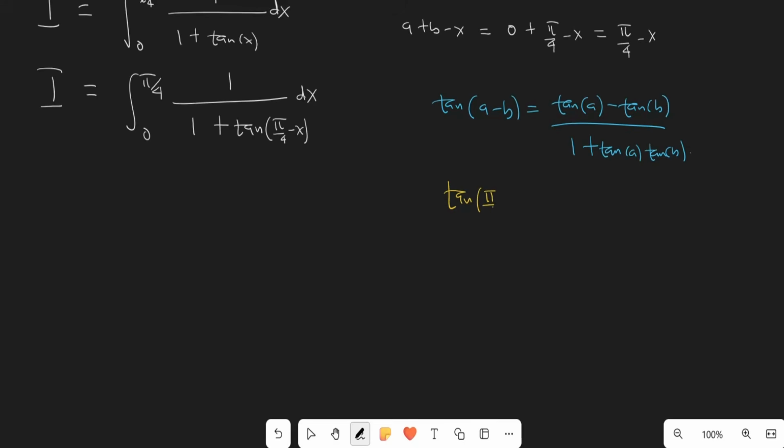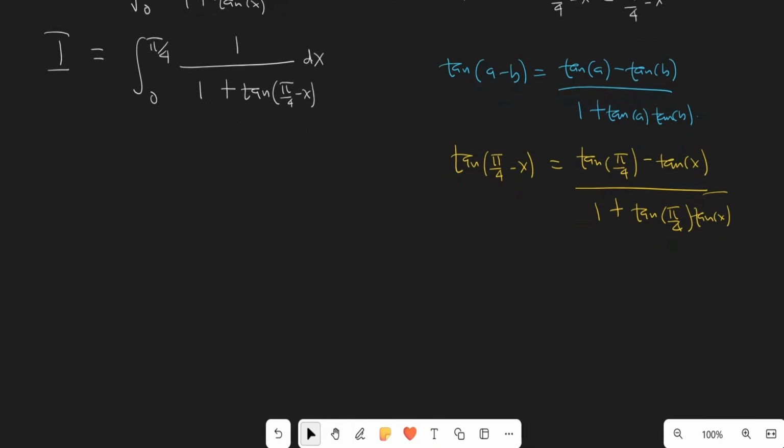So the tangent of pi over 4 minus x, using this identity, is going to be the tangent of pi over 4 minus the tangent of x all over 1 plus the tangent of pi over 4 times the tangent of x. So this is equal to, tangent of pi over 4 is tan 45, which is 1, minus the tangent of x all over 1 plus 1 times the tangent of x, and this is the same as the tangent of pi over 4 minus x.